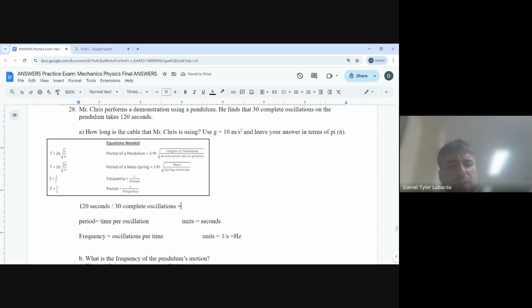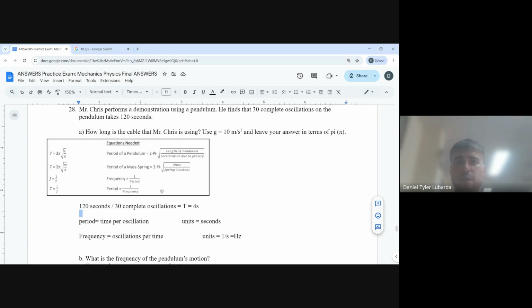And this is going to give us a period of 4 seconds. Okay? Makes sense. There's 30 oscillations, takes 120 seconds. So one oscillation takes 4 seconds.